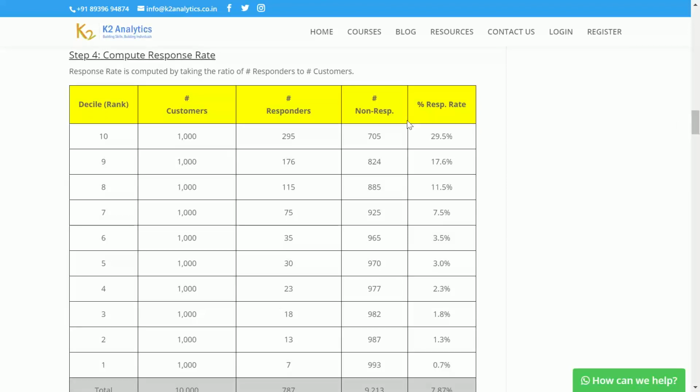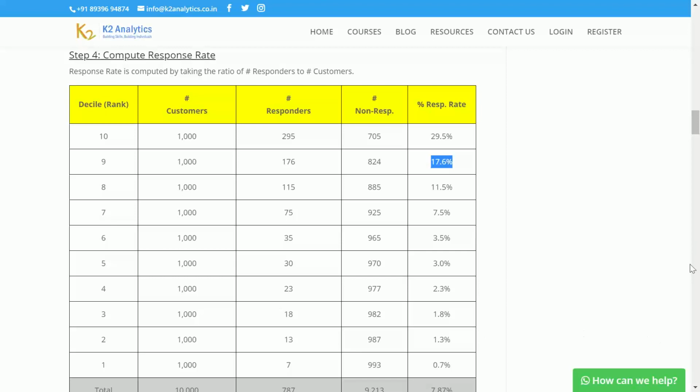Response rate, the definition of response rate, is the number of responders in a given decile divided by the total number of customers. Here the number of customers in each decile is 1000, so the calculation is very easy. 295 divided by 1000 is 29.5, 176 divided by 1000 is 17.6, and so forth. So we have got the decile-wise response rate.